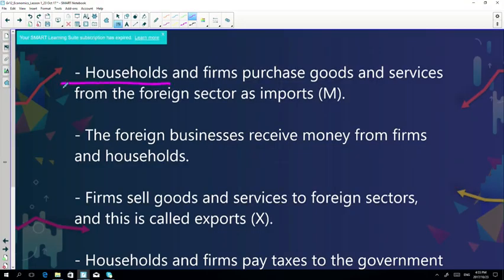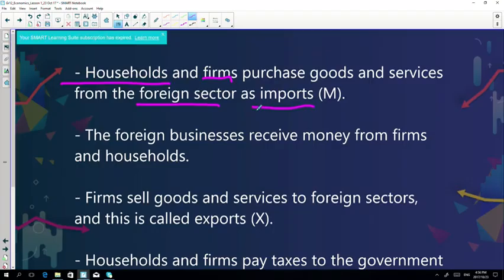Moving right along. Now we're still talking about the households and the firms. They purchase goods and services from the foreign sector as imports. Remember, I said earlier on, as a country, we are not self-sufficient, and therefore we rely on other countries to supply us with certain goods and services because we don't have the capacity, or our climate doesn't allow for us to grow those products, or to have a process where we manufacture them internally.